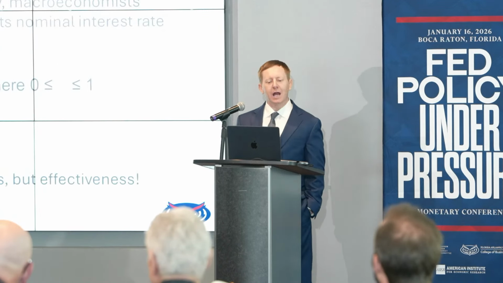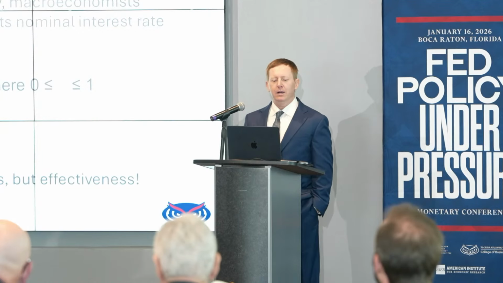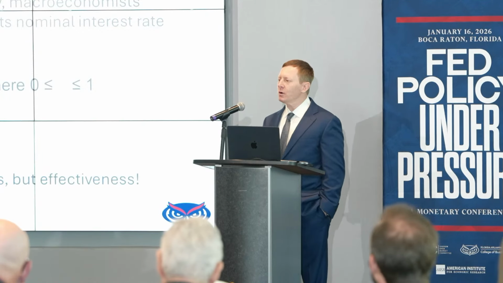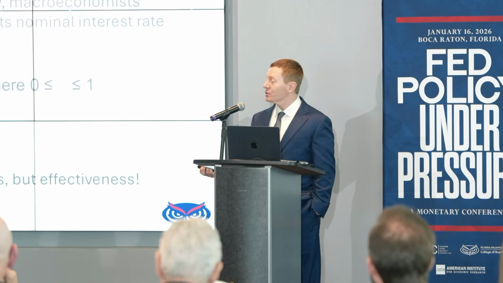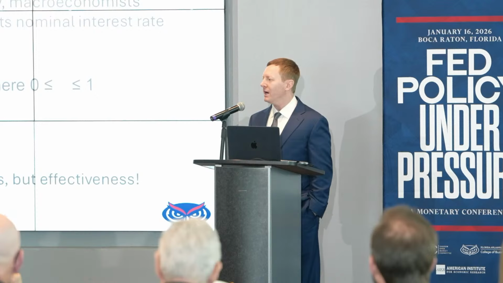All right, how about that combination of the two? Well, when considering optimal monetary policy, macroeconomists typically assume that the central bank is adjusting its nominal interest rate target with some Taylor-type rule in mind.